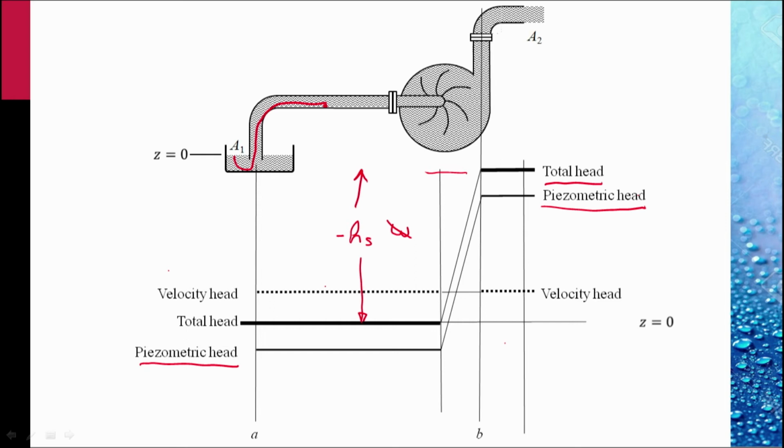We have negative piezometric head through the inlet pipe and a positive piezometric head at the outlet pipe. The pressure head and the elevation head together make the piezometric head. So pressure head we can obtain by subtracting the elevation from the piezometric head. This elevation we subtract from the piezometric head to get this broken line. This is the pressure head.